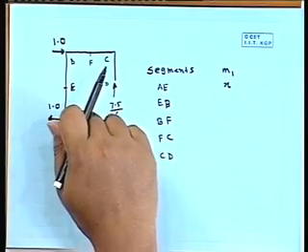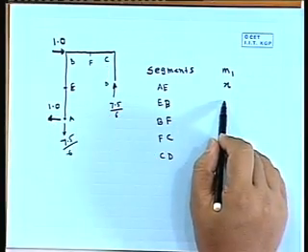Now, here what will be M1? For AE, the starting point is here, the origin is here, the limit is 0 to 4.5, and it will be 1 into x. We have taken the origin again at A, so that expression will be valid.